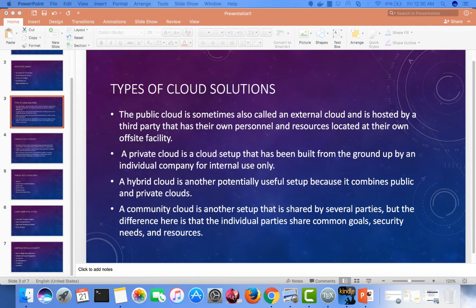On the other hand, going with a public cloud does reduce the cost and the expenses, but the security needs to be evaluated and monitored much more closely. So there are trade-offs when it comes to the types of cloud solutions that you as an individual or company try to select.